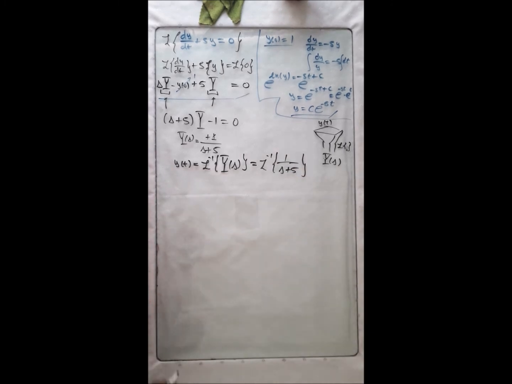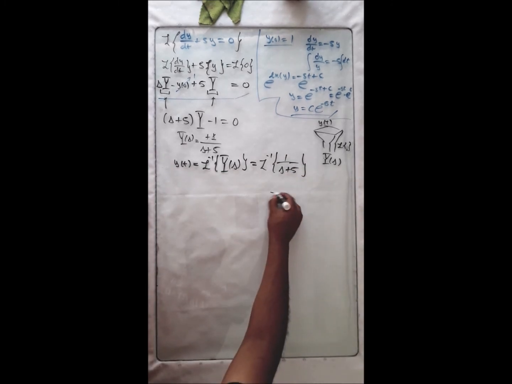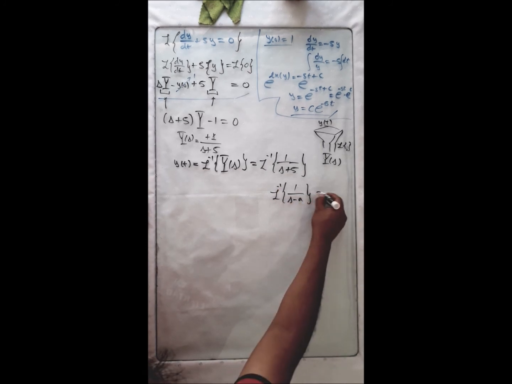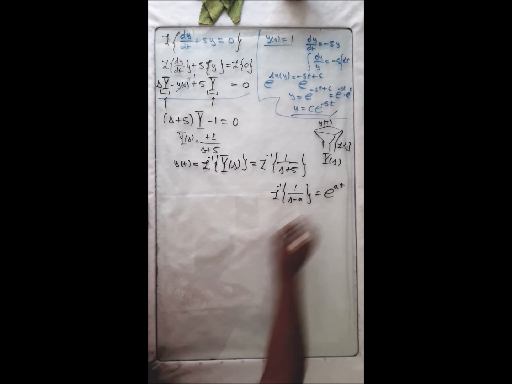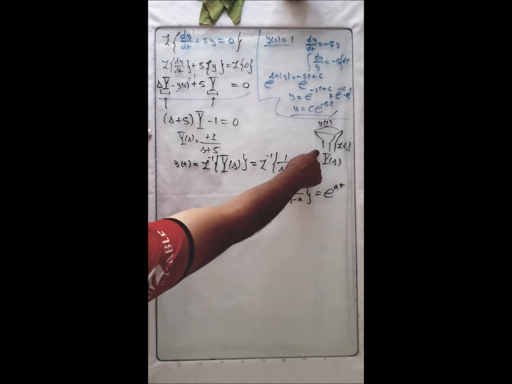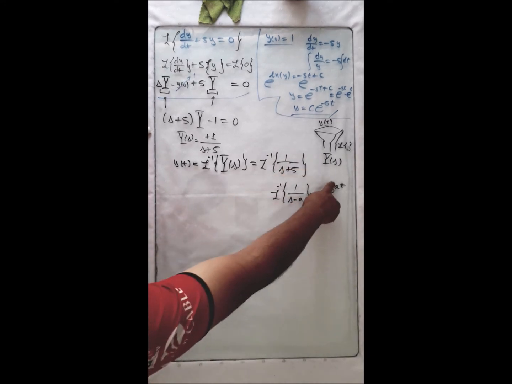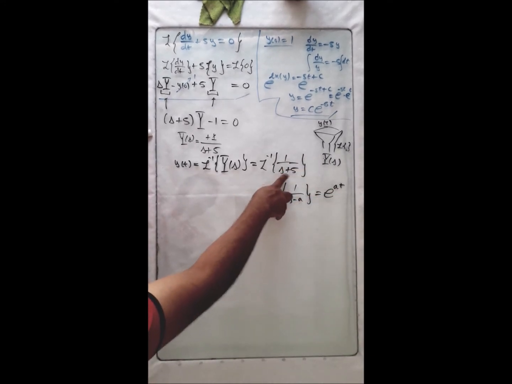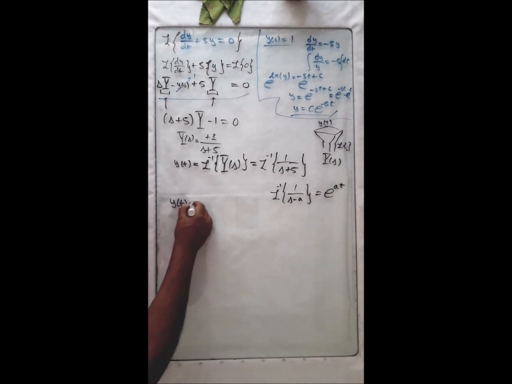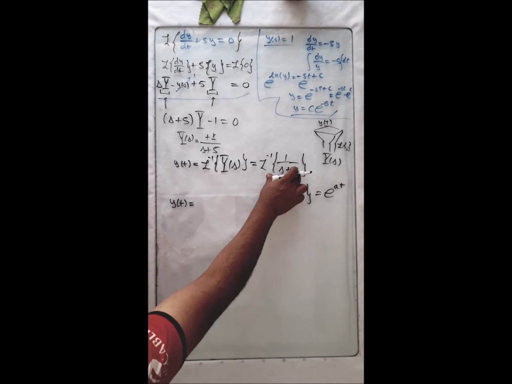Now, to find that Laplace inverse, we are going to use this formula. The Laplace inverse of 1 over s minus a is equal to the exponential of at. So in this case, remember, positive becomes negative. If this is negative here, it is positive there. Now, if it is positive here, in the exponential it is going to be negative. So y of t happens to be the Laplace inverse of this.